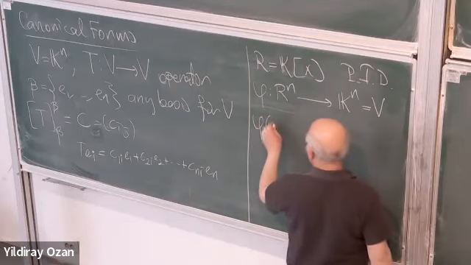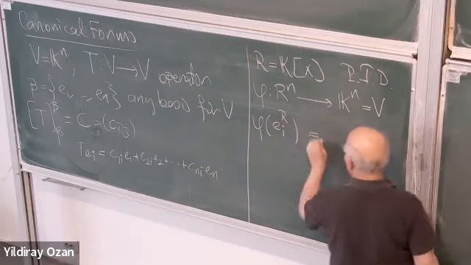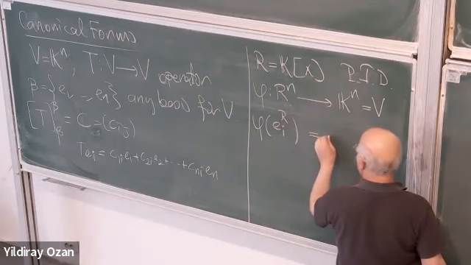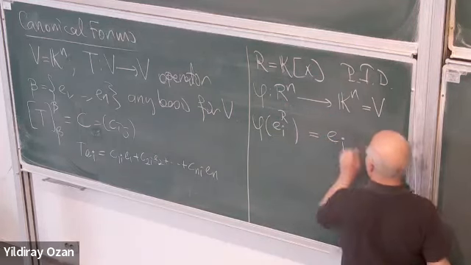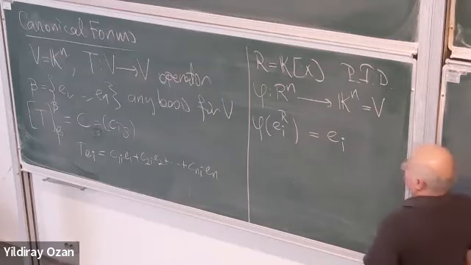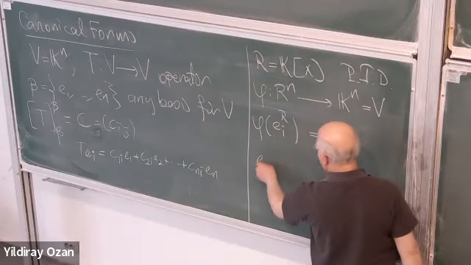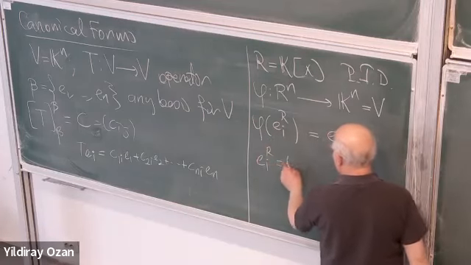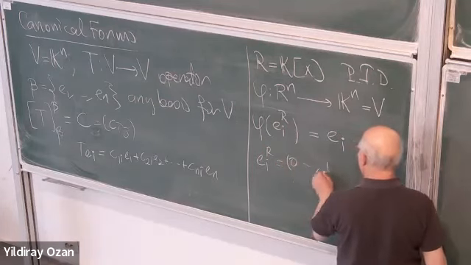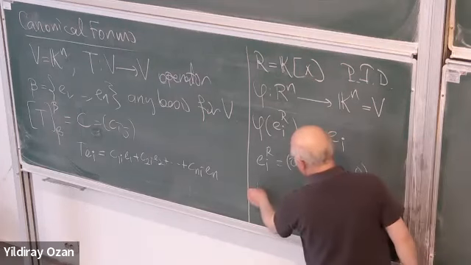I just take the i-th basis element in this module to the i-th basis element here, which is nothing but 0, 0, ..., 1, ..., 0.